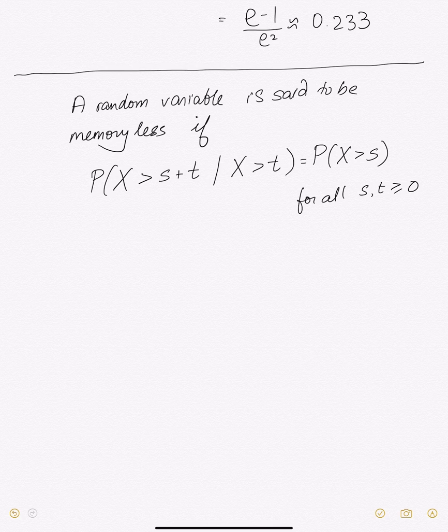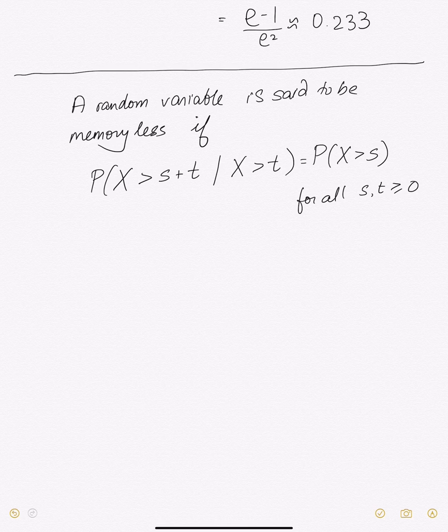Okay, and we have that an exponential random variable is indeed memoryless, but you can verify that by plugging in the probability density function or doing the integration, etc. You can see that this works out. Anyway, let's just look at one further property.